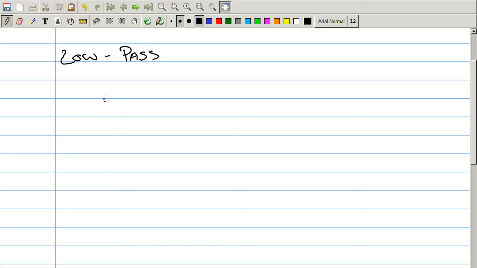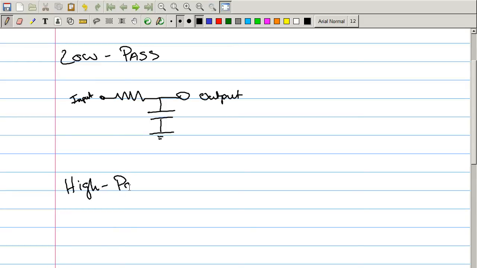Low pass, you have the input that's passed to a resistor, and then that goes to a capacitor, and that goes to ground, and then you have your output. Then you have your high pass, where you have your input, except this time it goes to a capacitor first, then a resistor to ground, and then you have your output.